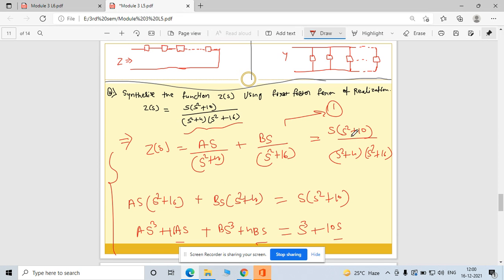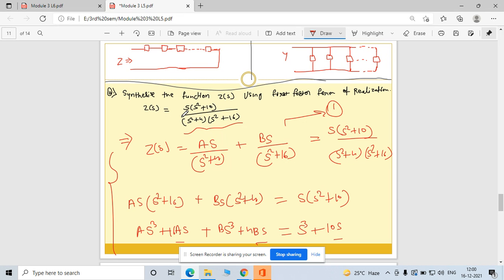And one more thing, how do you know how many elements are there in that circuitry? Simple, by observing the numerator and denominator terms. The highest power of s represents your number of elements. Here the highest power of s is s to the power of 4 in the denominator.